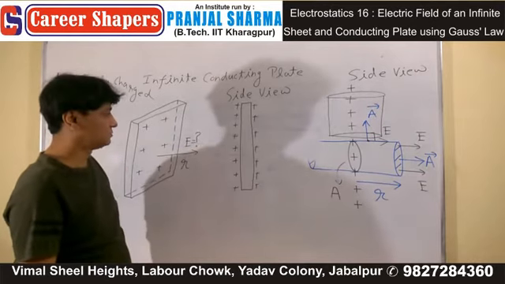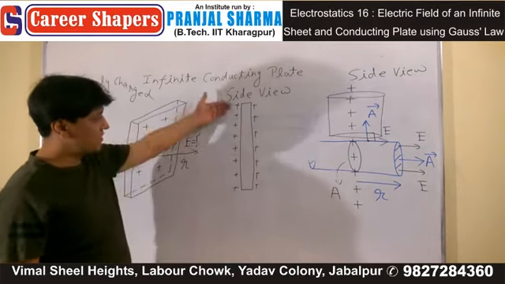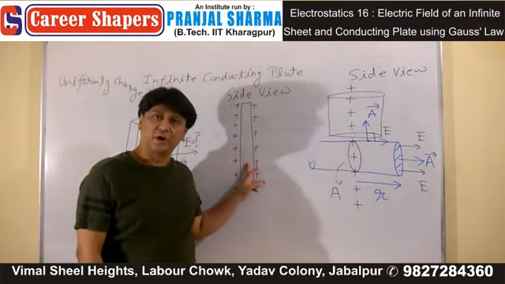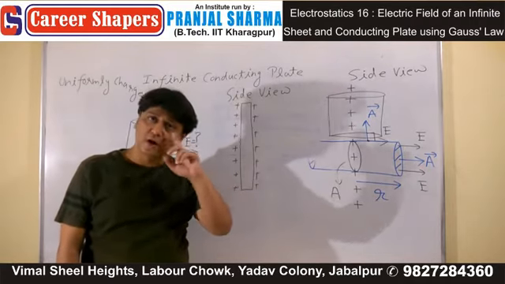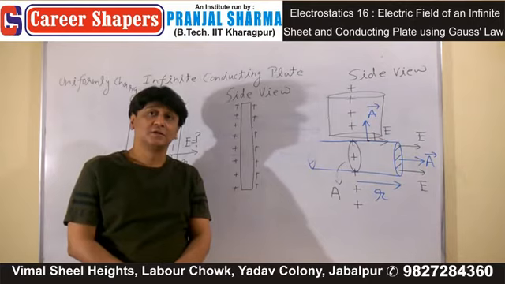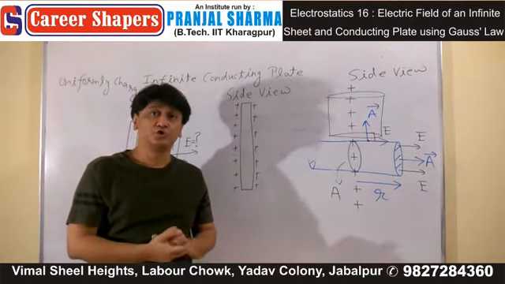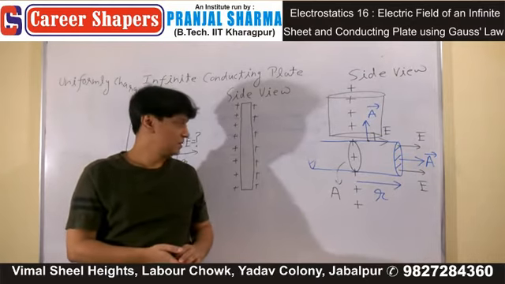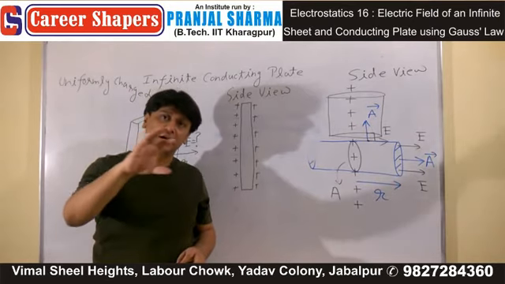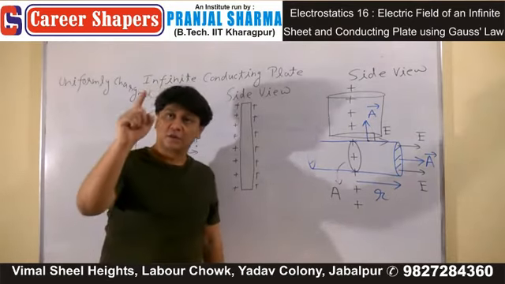But right now, the only thing you need to know is, if you have a conductor, inside there will be no electric field. And if there is no electric field inside, then Gauss says flux will be zero, and therefore there can be no charge inside. So, inside a conductor in equilibrium, there can be no charge present.